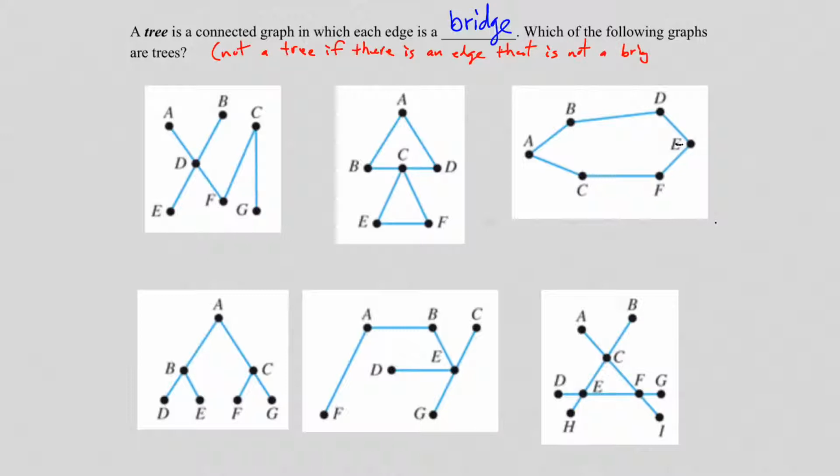And I'll simplify that in a minute. Okay, so a graph is not a tree if there is an edge that is not a bridge. So guys, a quick way to recognize that is if you see a polygon, there's going to be an edge that is not a bridge, okay?